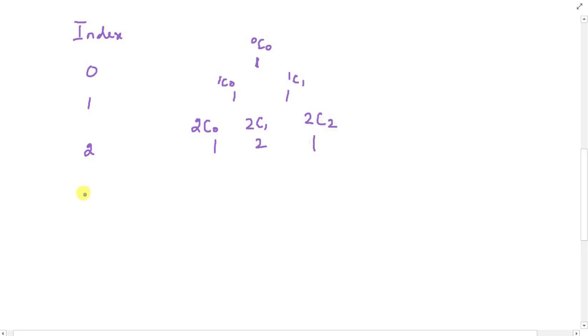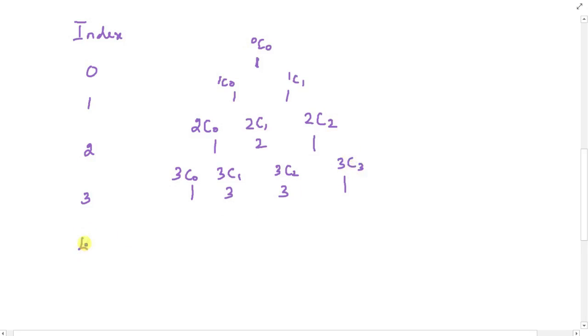Similarly, when index is 3, the base is 1 3 3 1. This 1 is 3C0, 3 is 3C1, this 3 is 3C2, and this is 3C3.